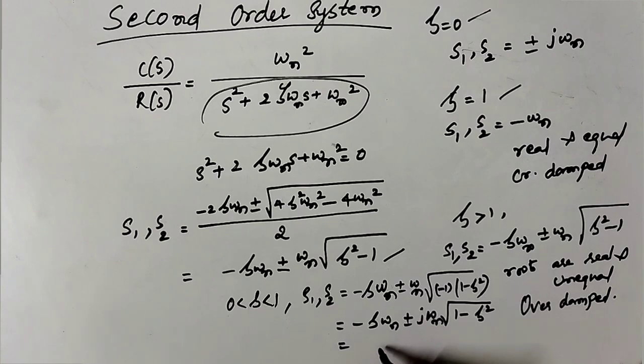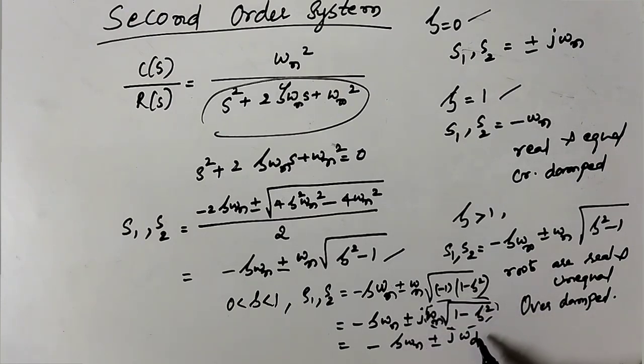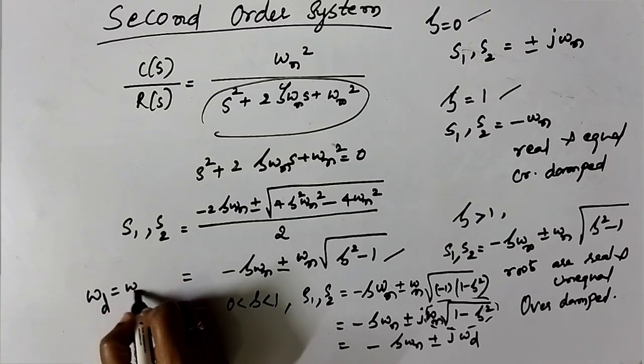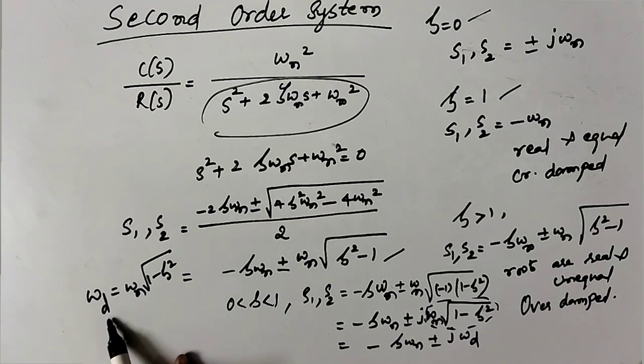This is nothing but minus zeta omega n plus or minus j omega d, where omega d is equal to omega n root over 1 minus zeta square. Omega d is nothing but the damped frequency of oscillation of the system in radians per second.